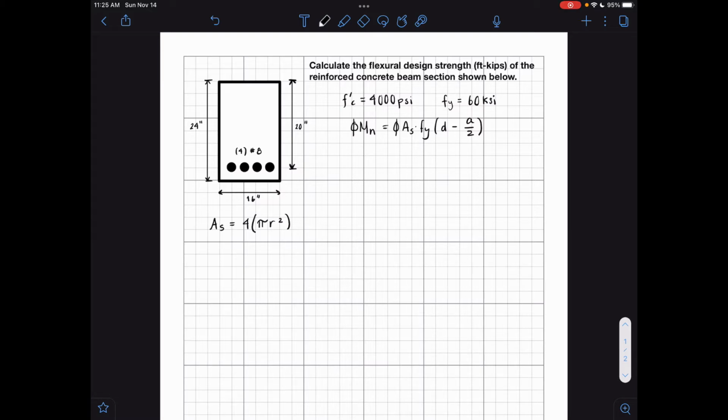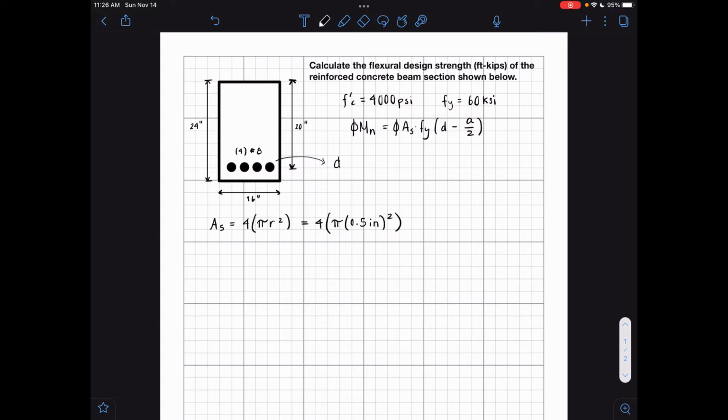This 4 comes from the fact that we have 4 of these steel rebars, and pi r squared is the area of each steel rebar. So let's calculate 4 times pi times the radius, which is going to be 0.5 inches, quantity squared, and this 0.5 comes from the diameter.